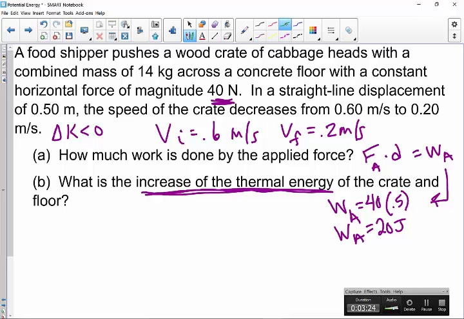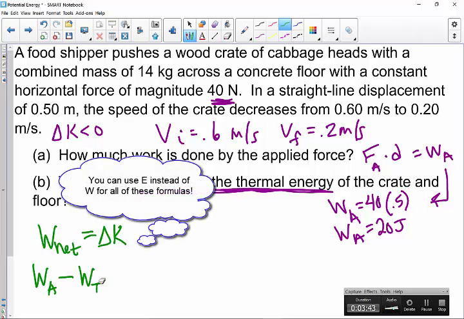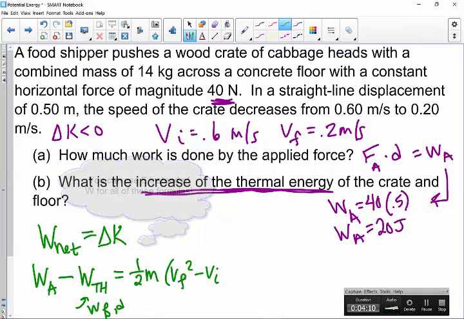Okay, so let's look at the increase in this energy. The net work done should be equal to the change in kinetic energy. So the net work should be the applied force in the positive direction minus the work done by friction or drag, or anything else, and that should equal the change in kinetic energy, which is 1/2 the mass times the difference in the squares.